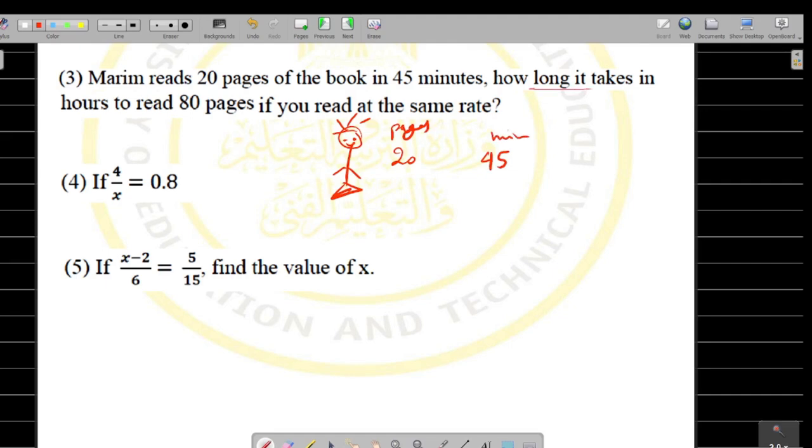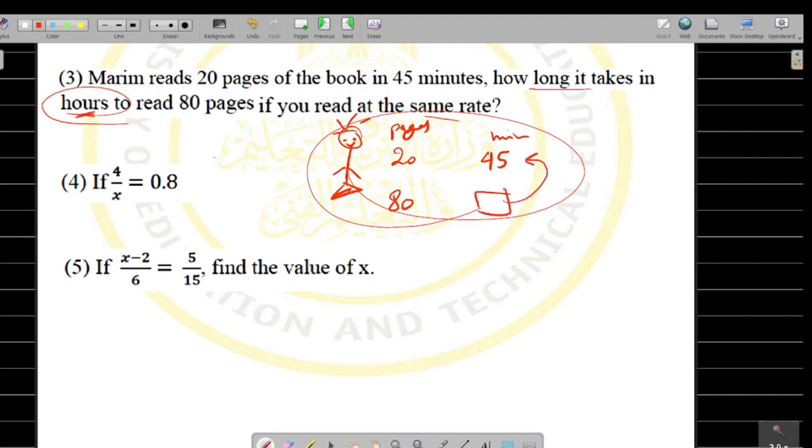How long does it take in hours to read 80 pages if she reads at the same rate? Look, in this question we will get the answer in minutes, and then you have to convert it into hours. Don't leave it in minutes, okay?